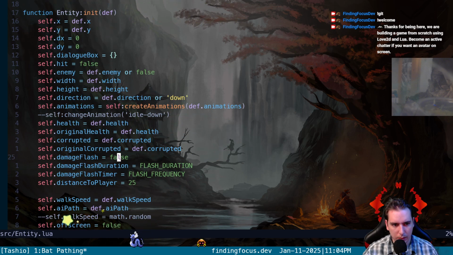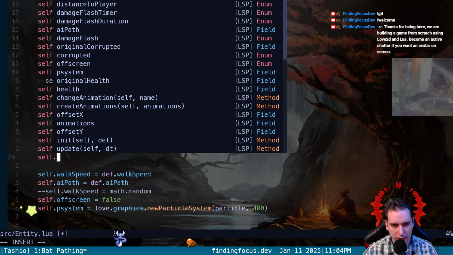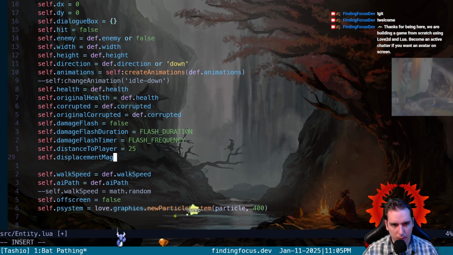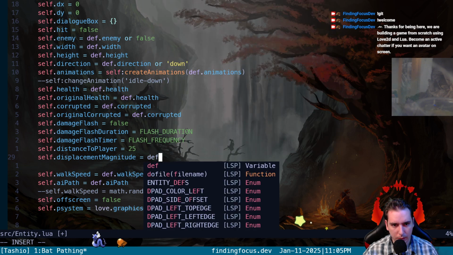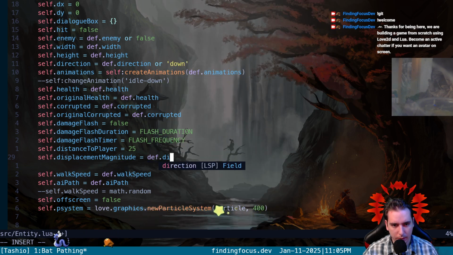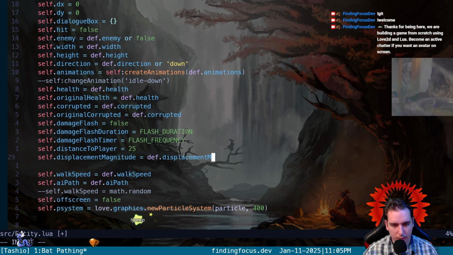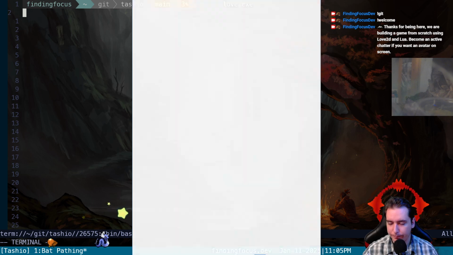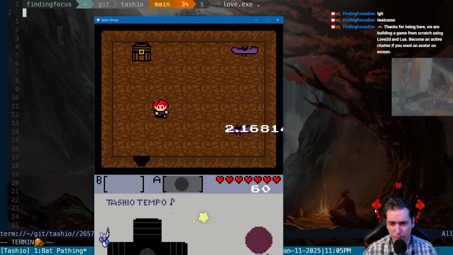So let's do this where we say, okay, well, our displacement magnitude is pulled from our defined displacement magnitude. Okay. If we crash here, I don't know what's up. Cool. Should hit 5 and go back down to 0. Cool.